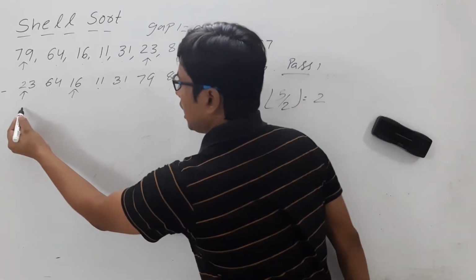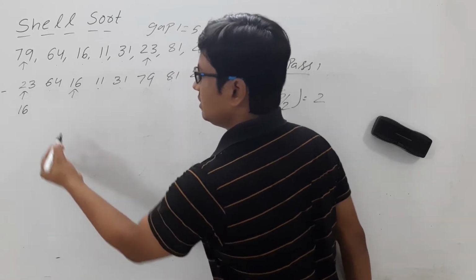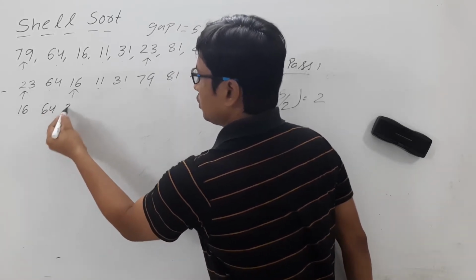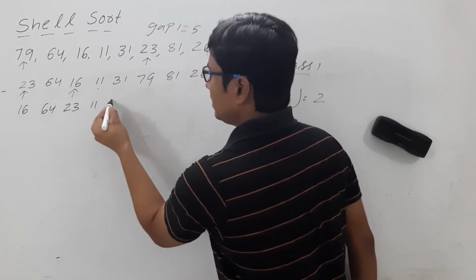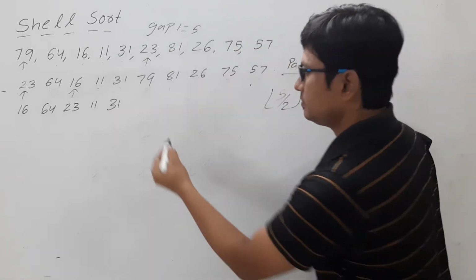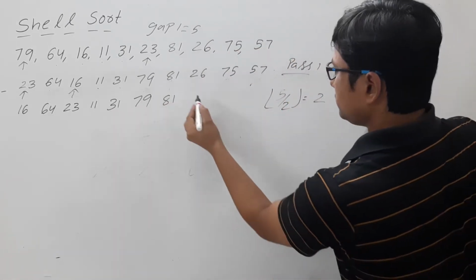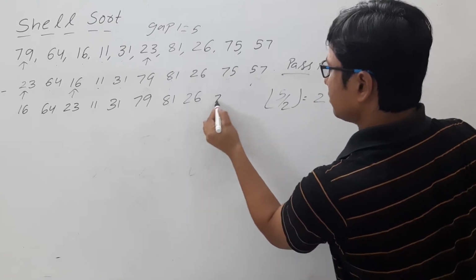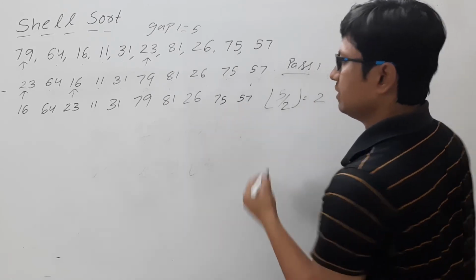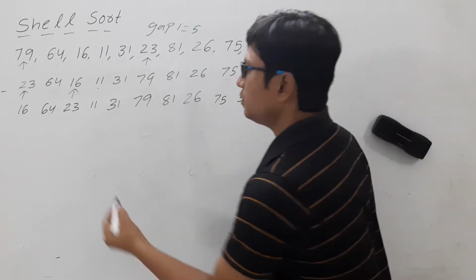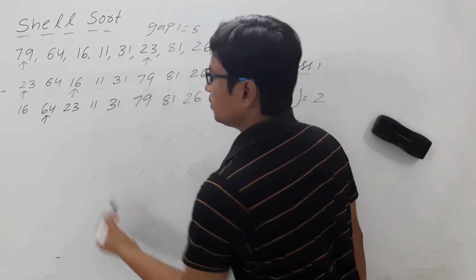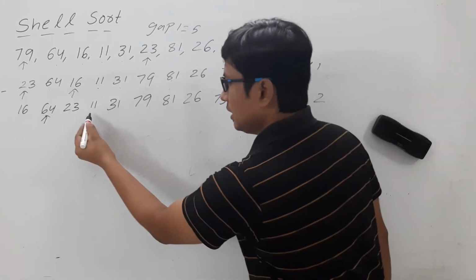If I swap, it will be 16, 64, 23, 11, 31, 79, 81, 26, 75, 57. Okay. Now 64 you need to compare with 11.